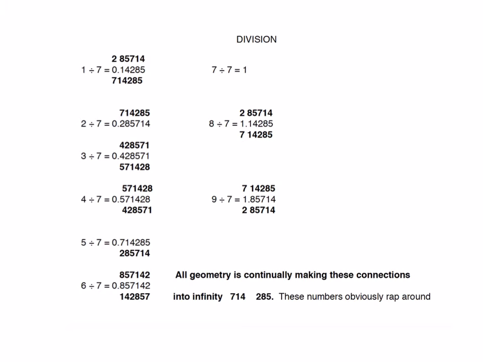Look at the 4 divided by 7. 571428, it wraps around. Look at the 5 divided by 7. 714285, perfect. And let's look at the 6 divided by 7, and that's 857142, and then the 2 wraps around to the 8.